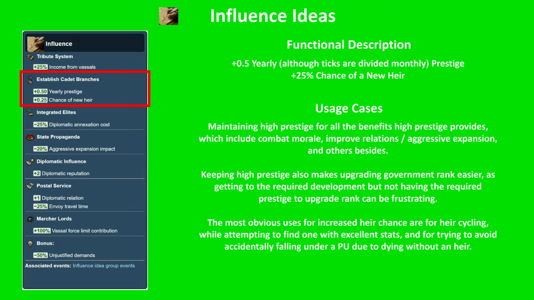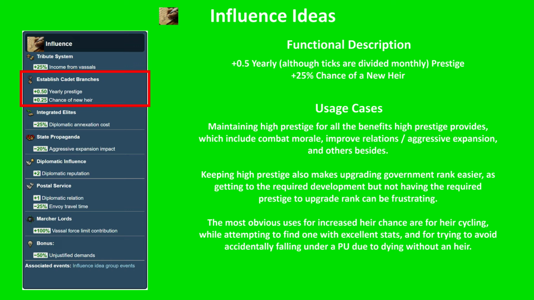Also, the heir chance is used for potentially heir cycling, so you get an heir with crappy monarch points or crappy monarch point distribution that you don't like, throw that baby into the sea, and because you've got extra heir chance, you're more likely to get another heir more quickly, which gives you another chance to throw them into the sea until you find one with amazing stats, or the stats that you specifically are looking for.